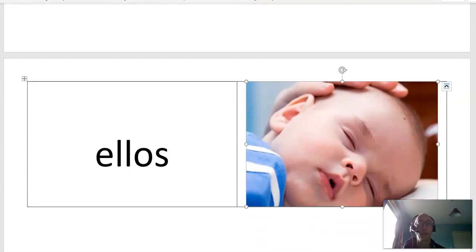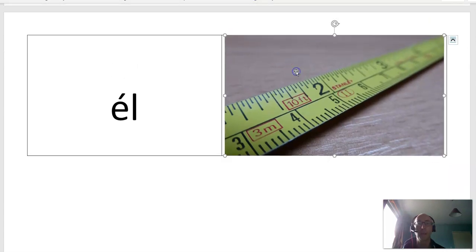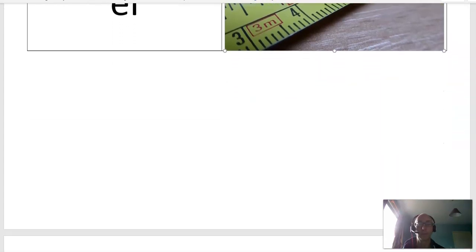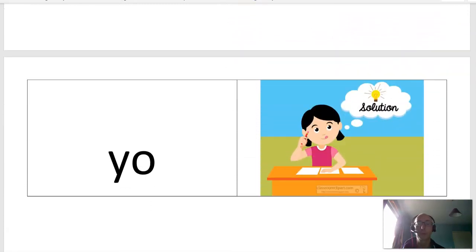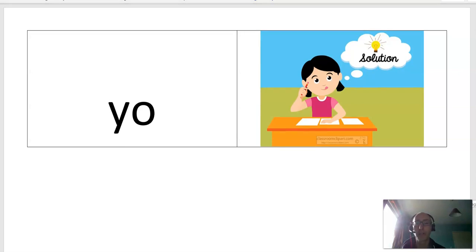Ellos, this is dormir. Él, medir. And one more. Yo, pensar. So see if you can find the correct forms of the verb for these combinations, these conjugations.